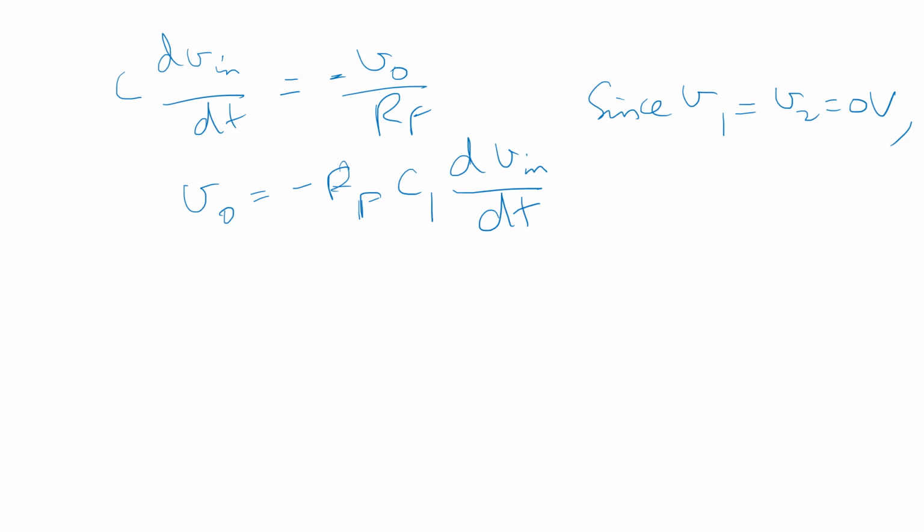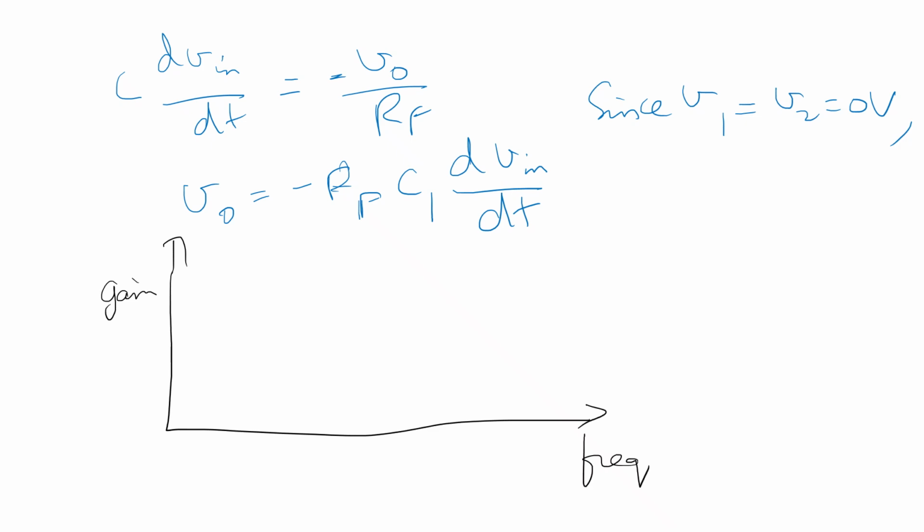So the frequency response gain of a differentiator circuit is plotted taking the gain on the y-axis and the frequency on the x-axis. The maximum gain, yes, this is the curve obtained.